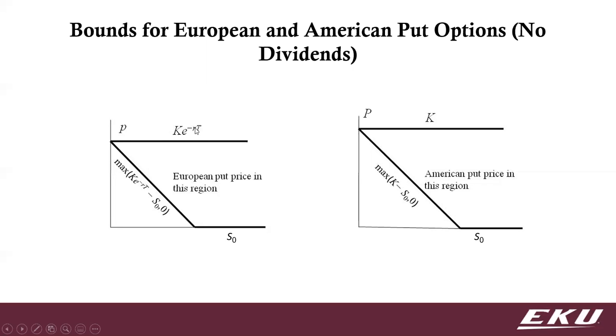If r is equal to 0, then this whole term goes to 1 and it just ends up being K, and these would be equal. But just to give you a picture, imagine if you overlaid this on top of this one. You would end up with this higher one, but you would also have some overlap regions, so they could be equal in certain situations.